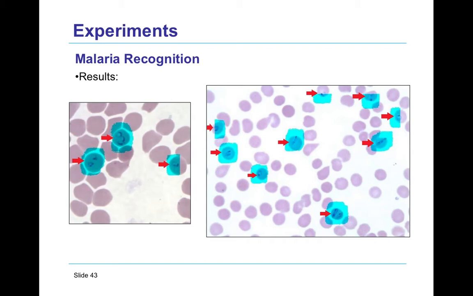Oh, it's green there, it's blue here, okay. But it works. You can see that the red arrows are the ground truth, and the blue-green area is the area detected as infected. So this is one network that can already substitute for the microscope technicians who manually count all those infected cells.